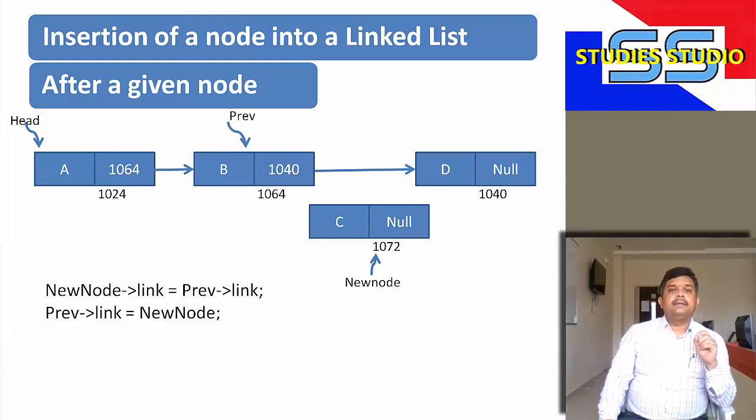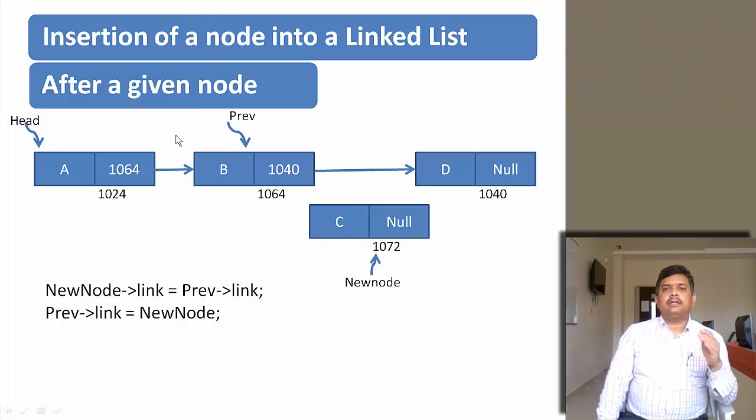So after I reach a specific node, after which this node is to be added, now assume that at the third location I want to enter this new node. It means after the second node, the third node with data C is to be entered. I have created this new node, and at this particular new node I'll take the link to be null, and I want to point this particular new node to the node where the previous is linking.